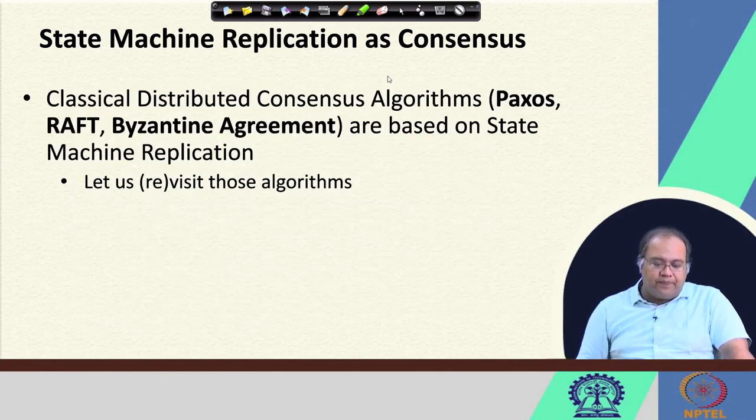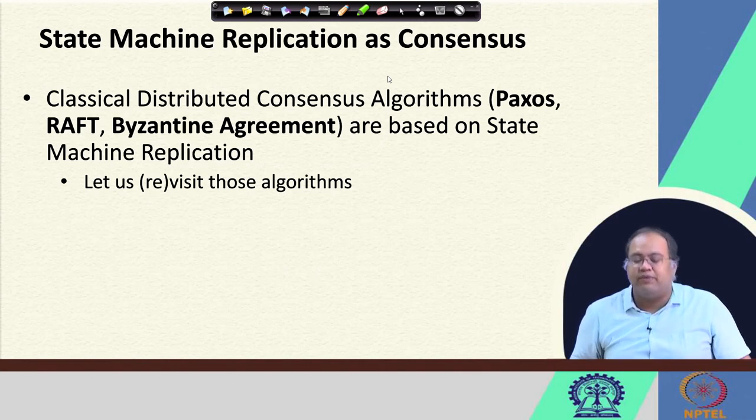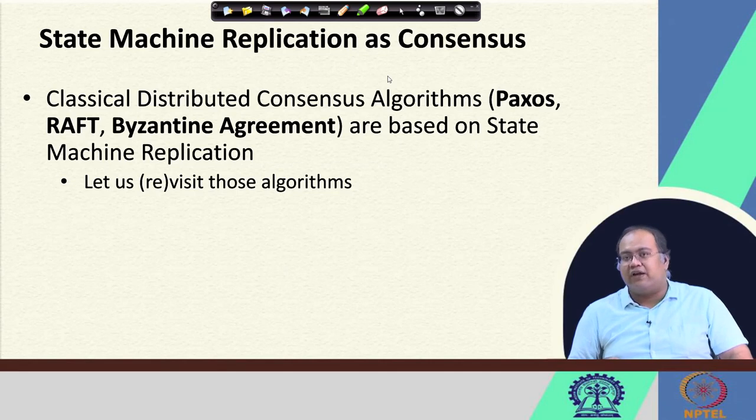So, we can utilize the classical distributed consensus algorithms like Paxos, Raft, and Byzantine agreement protocols. All these are different types of classical distributed consensus algorithms. We will see them in detail. Interestingly, all these algorithms are based on state machine replication.